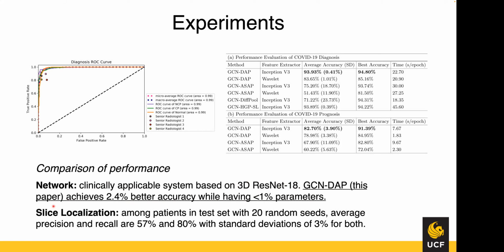Also, for the slice localization, they report the ROC curve here, along with a couple of radiologists. And if you look qualitatively at the curve, it seems that it actually performs better than the radiologists.